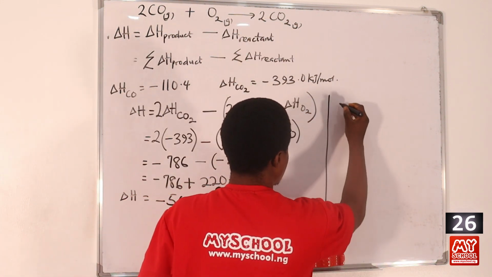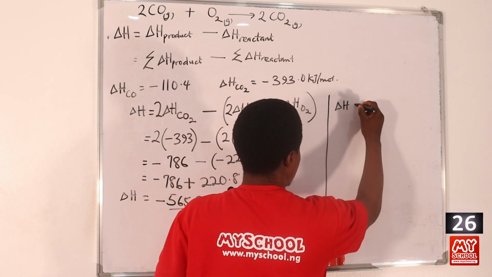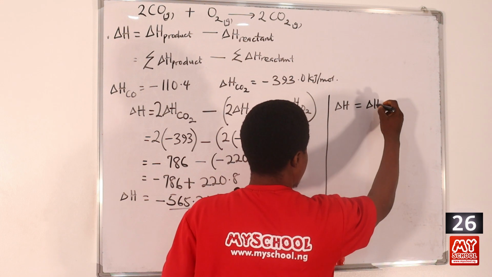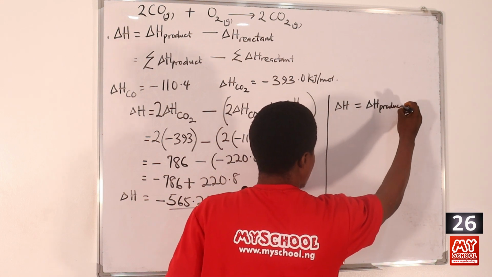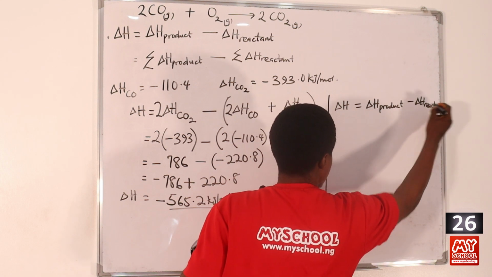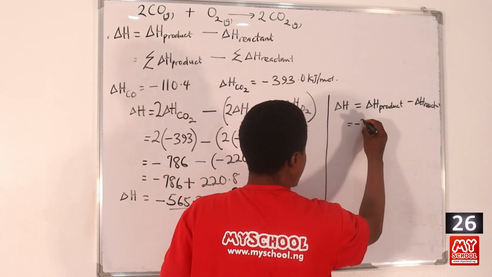So if we have that, we just say delta H for the formation will be equal to delta H for product minus delta H for reactant. Every other thing remains the same. So this will be minus 3.